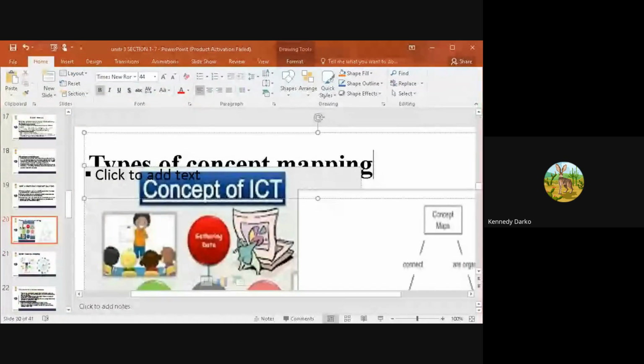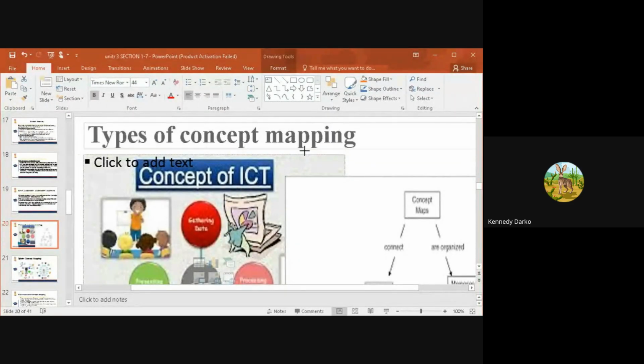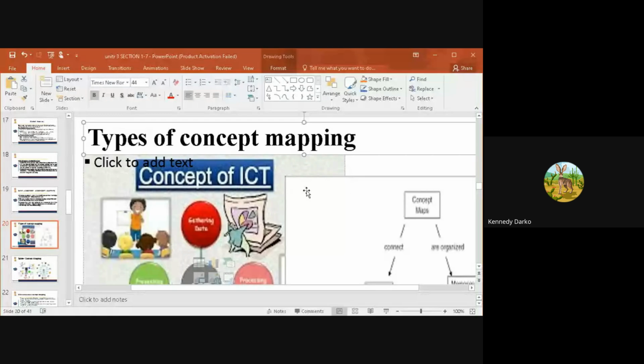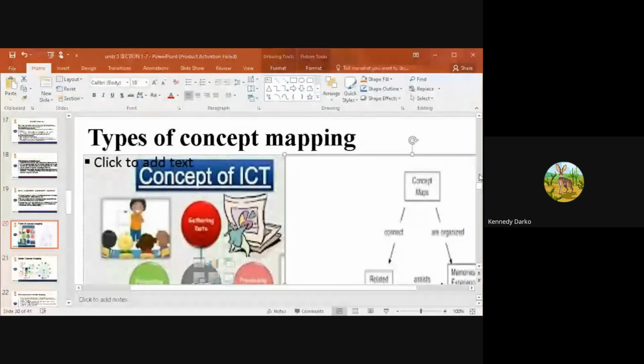Like I said, let's move on with the concept mapping. We'll look at it in a broader view in our course book, so that you see every picture clearly.